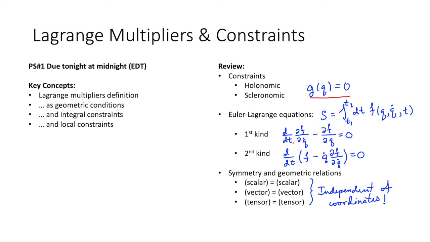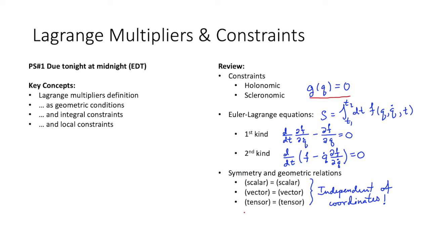And we had two kinds of Euler-Lagrange equations that we derived. The first kind, which is the one that we've been using mostly to date, okay, so a time derivative of the partial of f with respect to q dot minus the partial of f with respect to q equals 0. But the second kind, which we also mentioned in lecture 2, which rearranges things slightly and is particularly useful if f is independent of time.